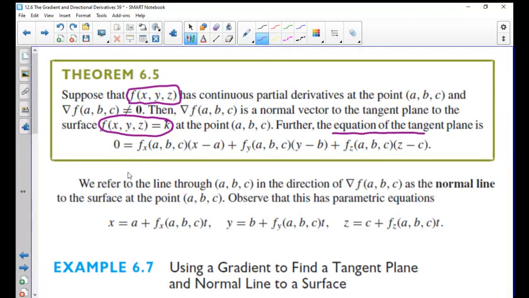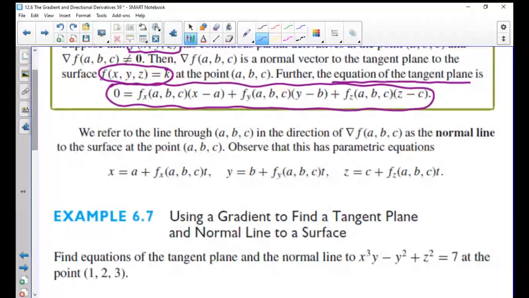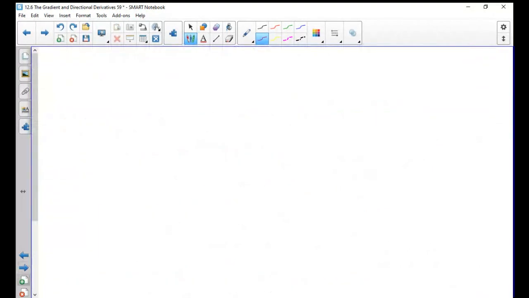Then the equation of the tangent plane is given by this long equation here. So let me perhaps try to explain what is happening here.